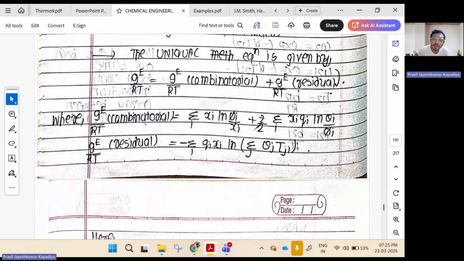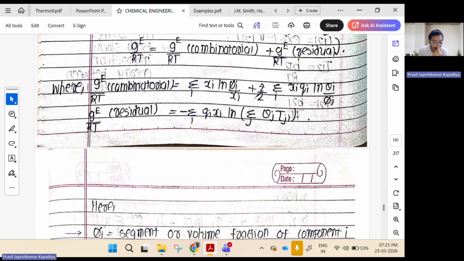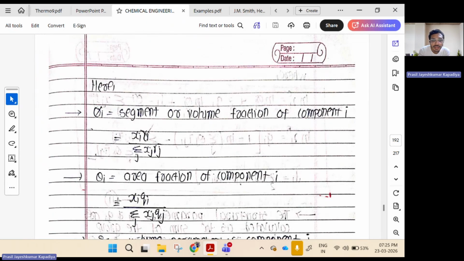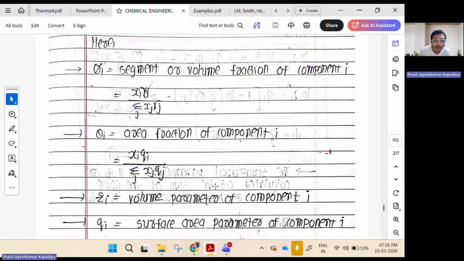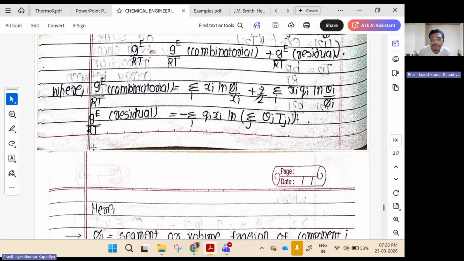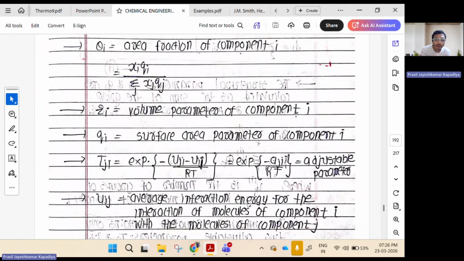If you see the combinatorial part, it is summation over i of xi ln phi i by xi, plus z by 2 summation over i of xi qi ln theta i by phi i. What is phi? Phi is the segment or volume fraction of that particular component i. Theta is the area fraction of that particular component i. Ri is the volume parameter of component i. Qi is the surface area parameter of component i.